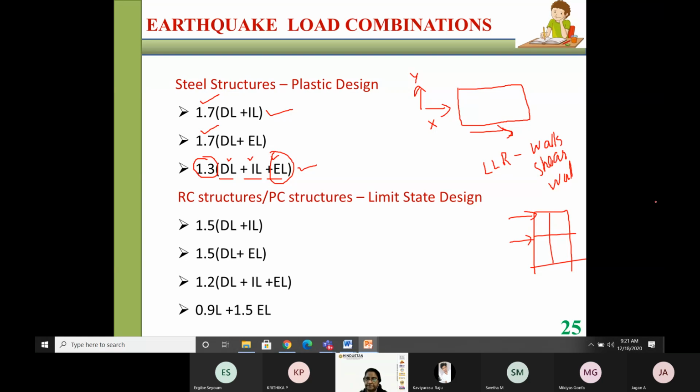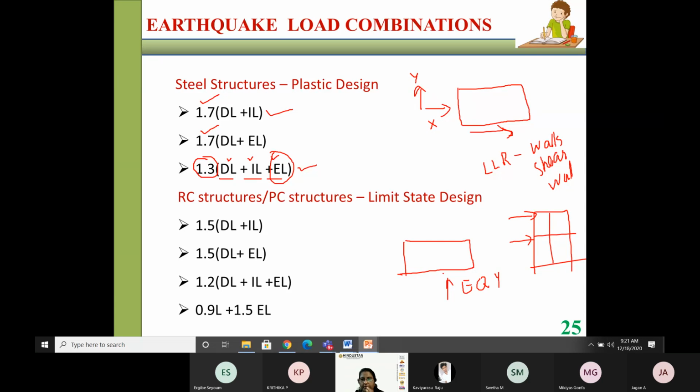Suppose your earthquake is coming, it affects the building in the X direction and Y direction also. Your earthquake load is coming in the X direction as well as in the Y direction, and in both directions you have lateral load resisting elements.